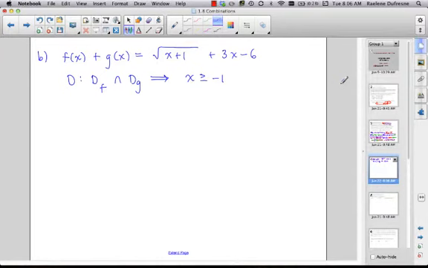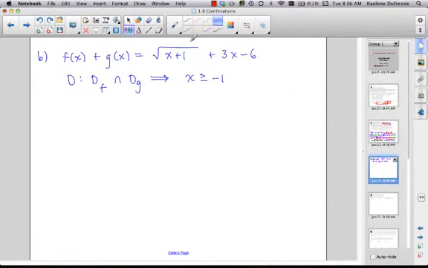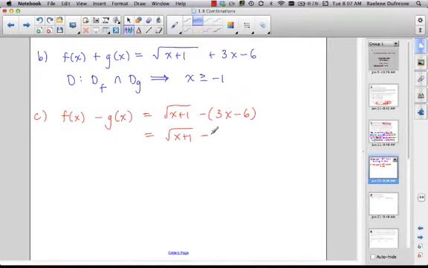All right, in the next part we're looking at the difference in part C. So we have f of x minus g of x, and we get the square root of x plus 1 minus 3x minus 6, so the negative would have to distribute, giving us the square root of x plus 1 minus 3x plus 6.